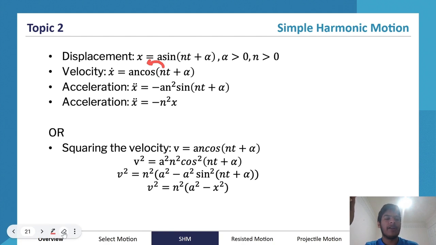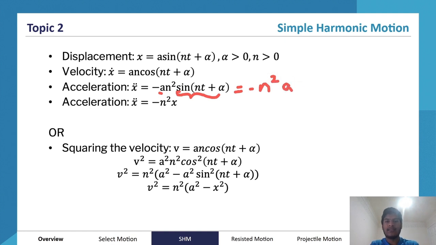Now, if we look carefully at our acceleration expression, we see that we've got a n squared sine nt plus alpha, or we can express this, with a bit of rearranging, as minus n squared times a sine nt plus alpha. Where have we seen that expression before?